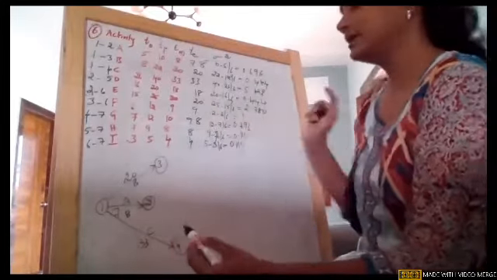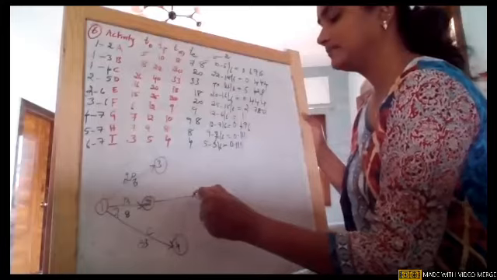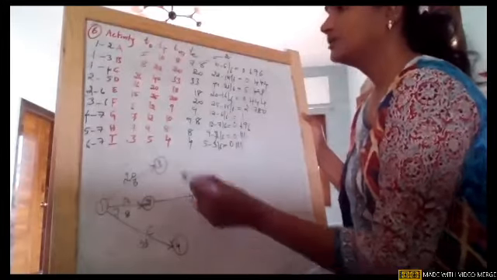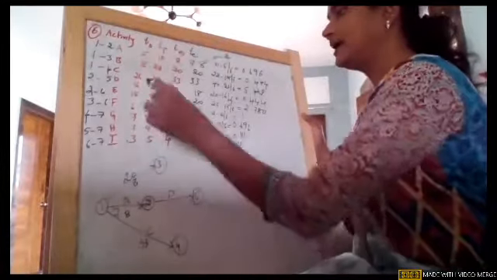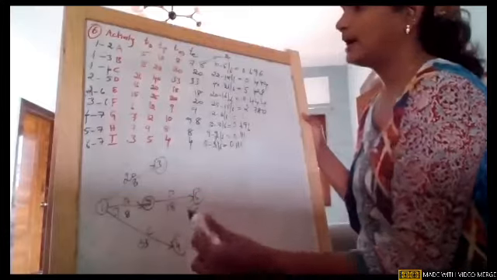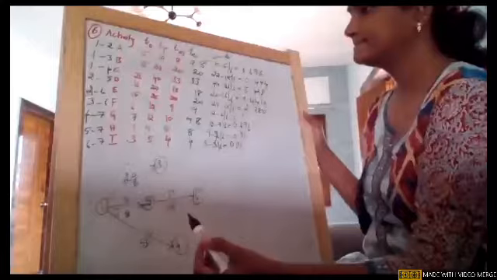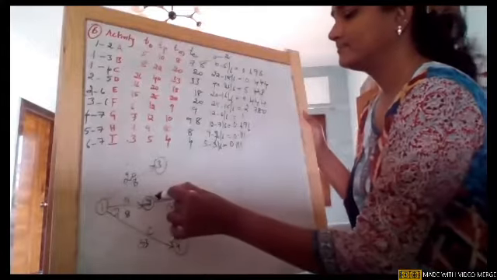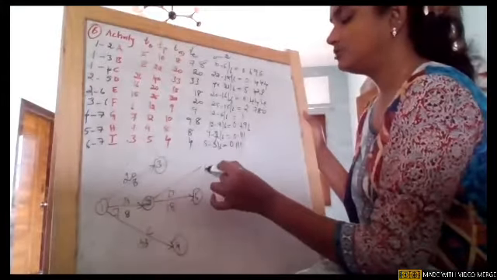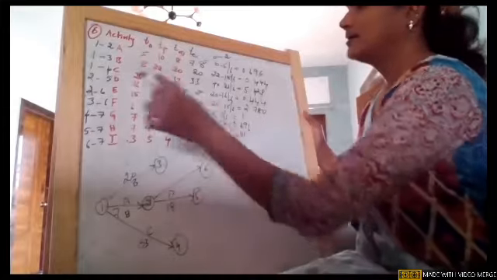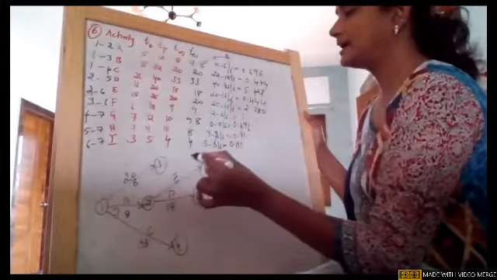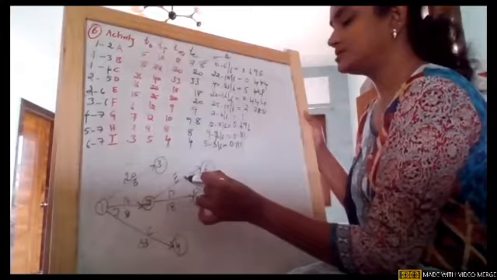Then what else do we have? 2 to 5, the name is D and the duration is 18. Then 2 to 6, the activity name is E and the duration is 20.